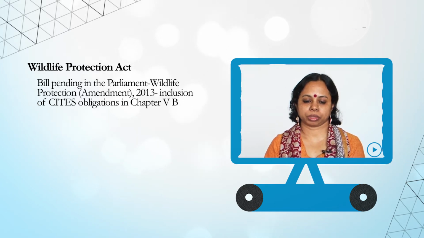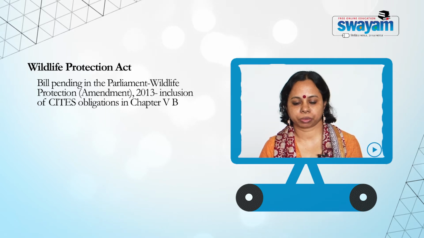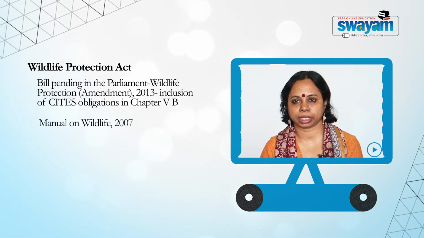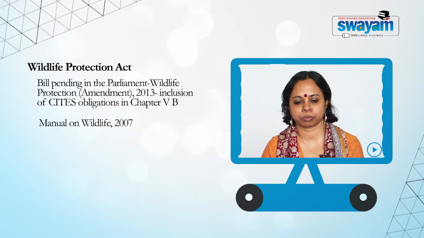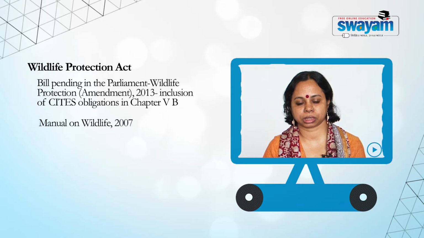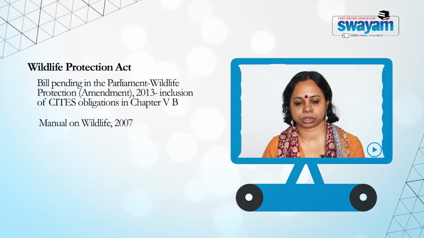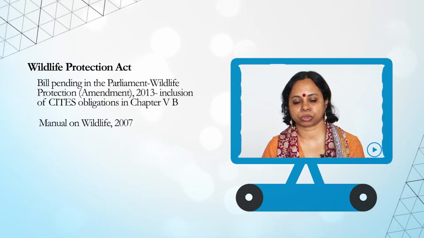In the meanwhile, the Ministry of Environment also came up with a manual on wildlife to help enforcement personnel stringently implement the Wildlife Protection Act provisions. This was in the year 2007. One of the major deficiencies that came up at the time of implementation was that enforcement personnel were at times not familiar with the way the Act could be used.